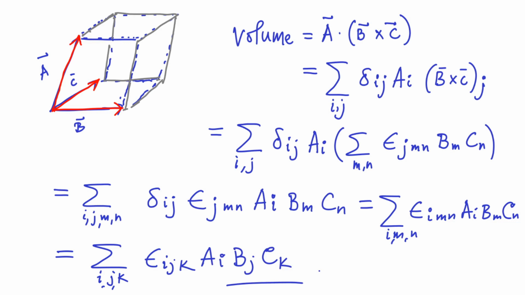Now m and n are running indices. That means m just takes values between 1 to 3, and so does n. So running indices can be replaced by any other indices. Here we replace m by j and n by k. So the volume of the parallelepiped then becomes epsilon ijk ai times bj times ck.